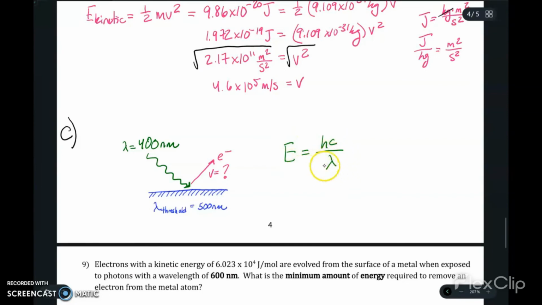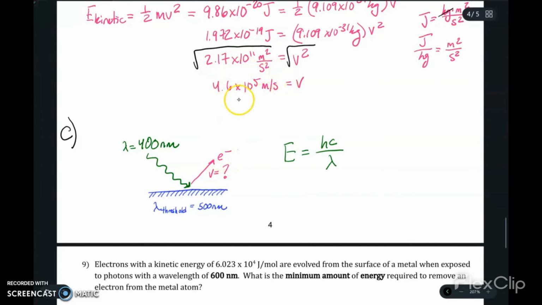The smaller the wavelength is, the larger the energy is going to be. So this is why, when we moved from 500 nanometer light, which has just enough energy to eject an electron, to 400 nanometer light, which is a shorter wavelength and therefore higher energy, the electron that's ejected now has some velocity, because there's leftover energy, right?